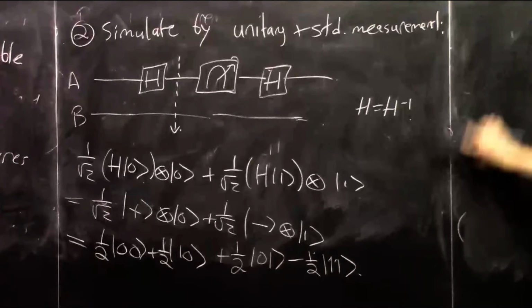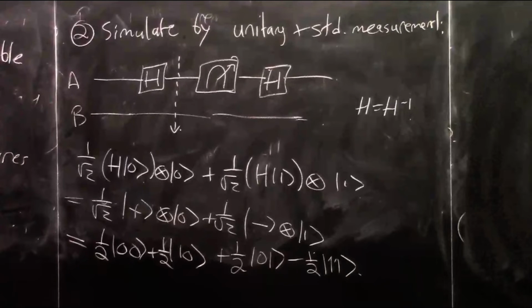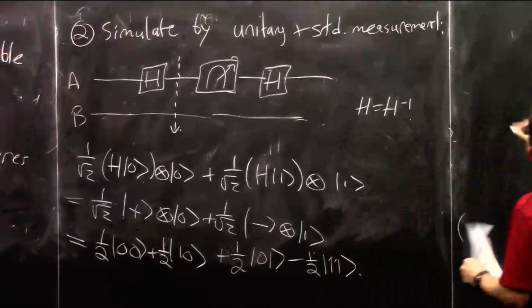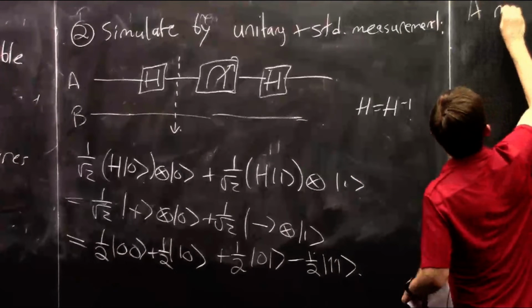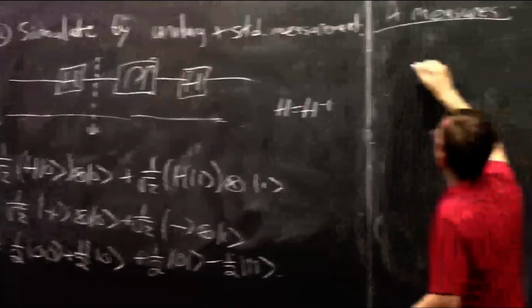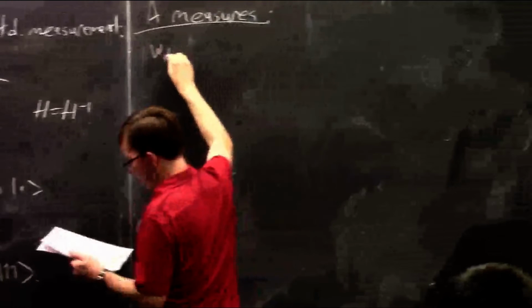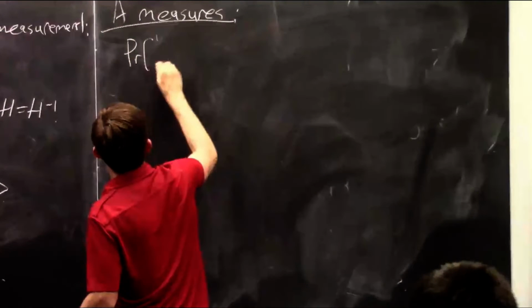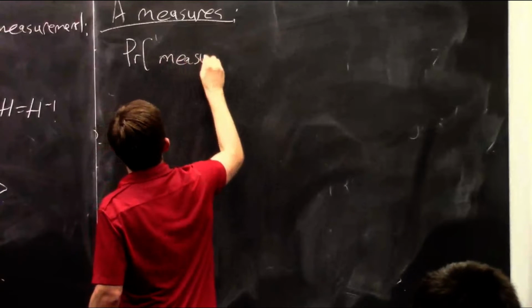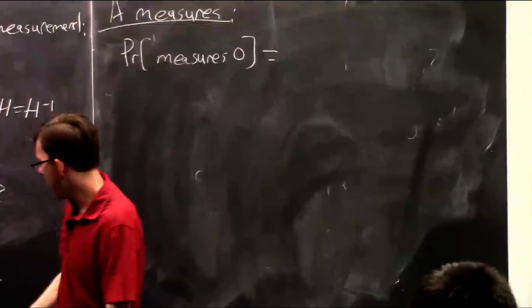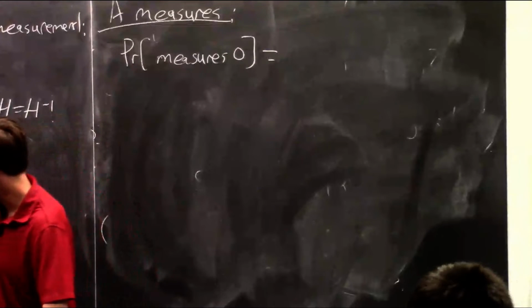Now we apply the rule that we have now learned for how things behave if you measure 1 out of 2 qubits. Okay, so now Alice measures. With probability, I'll just say this, the probability that she measures 0 is we square the amplitudes associated to the basis states that have a 0 here.